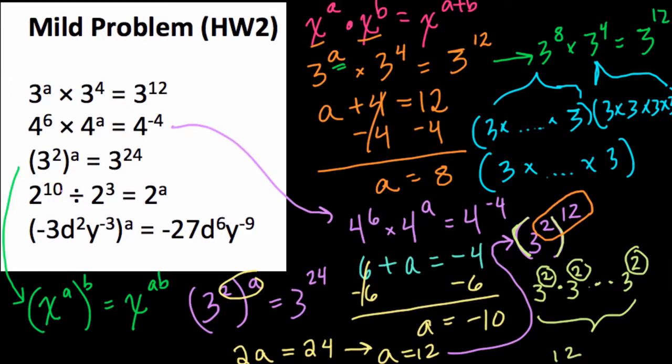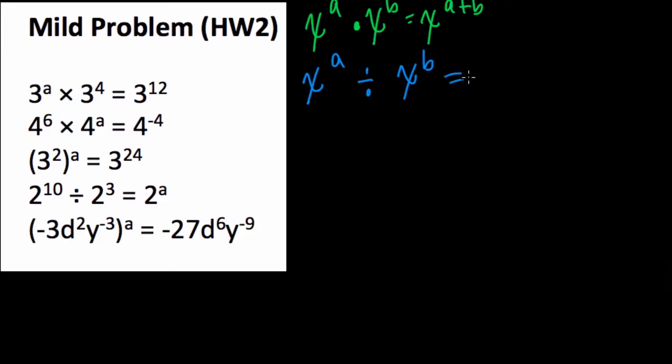Well, what's so wonderful about the way we use the laws of exponents, I should say, is that multiplication and division do behave like inverses. So what does that mean? Well, if we add exponents when we multiply, so x to the a times x to the b equals x to the a plus b, then, and I love this, it just fits so nicely, if we divide x to the a divided by x to the b, then we subtract the exponents.